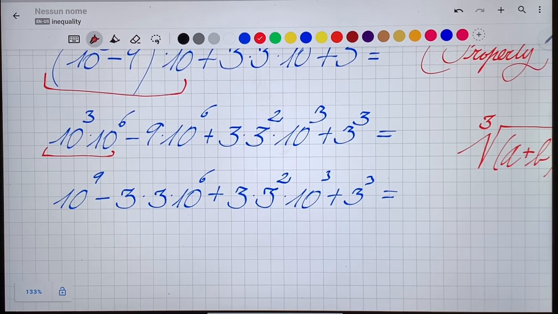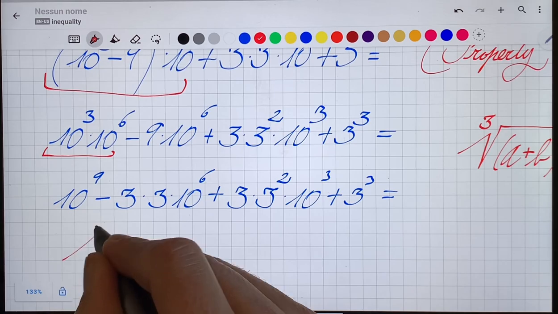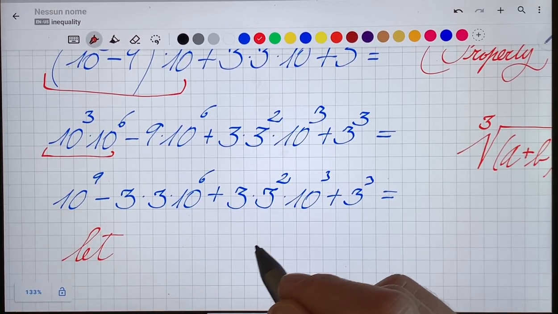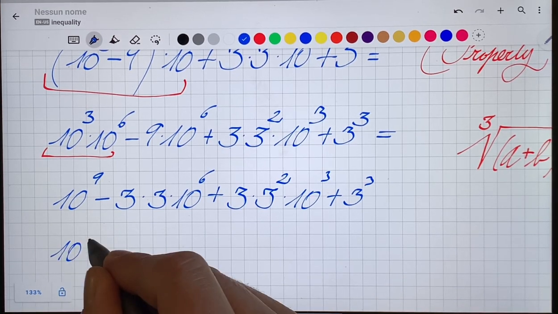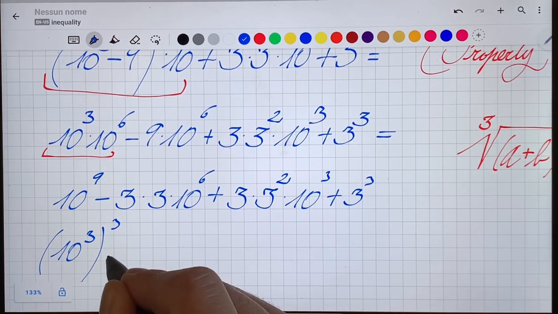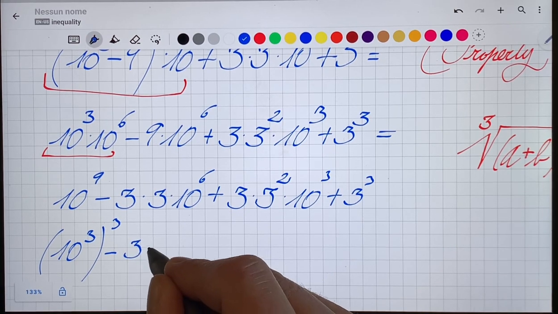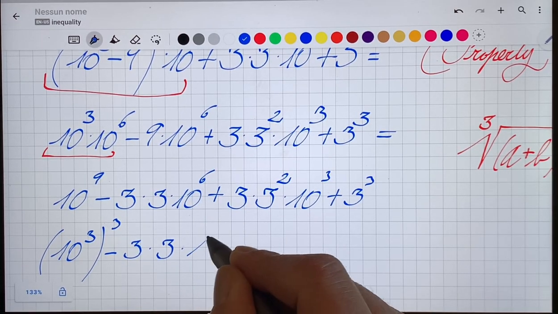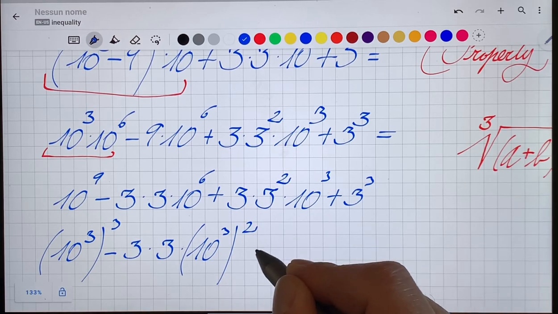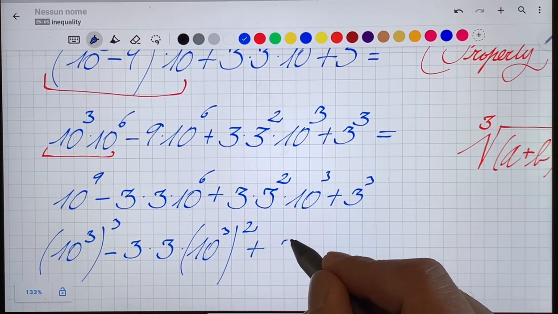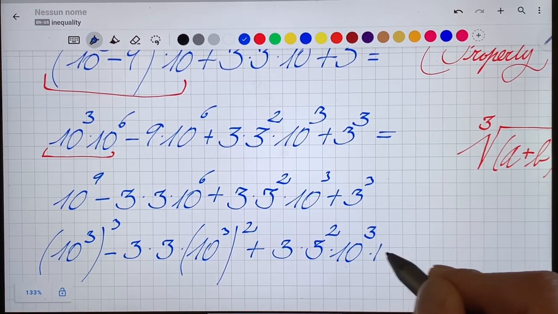I can write the cube of the binomial. I will write it as 10 to the power of 3 to the power 3 minus 3 times 3 times 10 to the power of 3 to the power of 2 plus 3 times 3 squared times 10 to the power 3 plus 3 to the power 3.